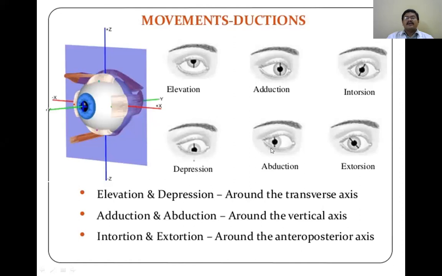The intorsion and extorsion occur around the anteroposterior axis. So adduction and abduction occur around a vertical axis, and elevation and depression occur around a transverse axis.